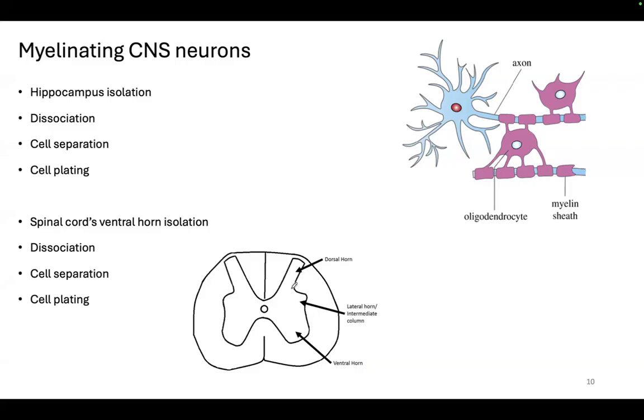What is at the back is dorsal, which is away from the body, and this is ventral, which is towards the body. So this ventral part is what is used to get your neurons and oligodendrocytes for the CNS, if you study, let's say, something like multiple sclerosis. All right, so that's that.